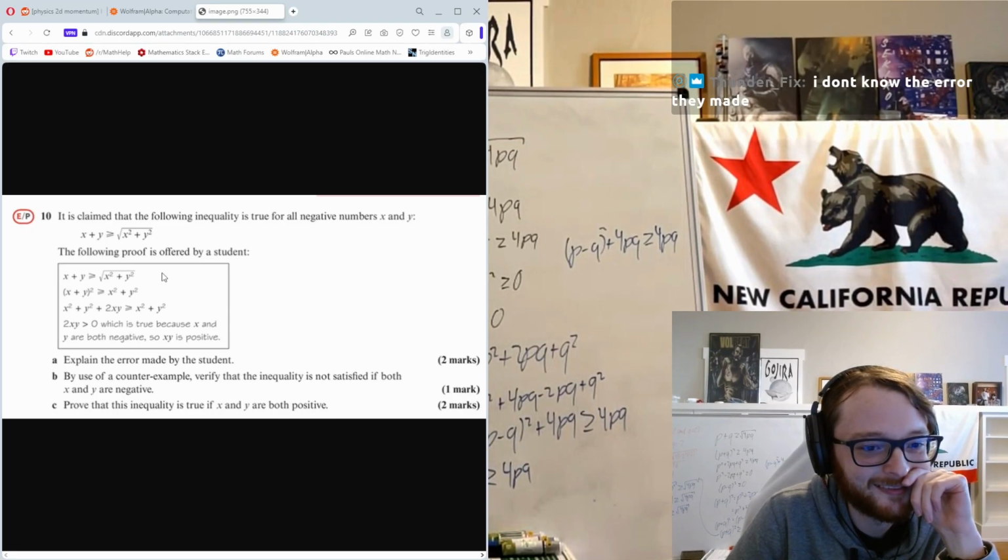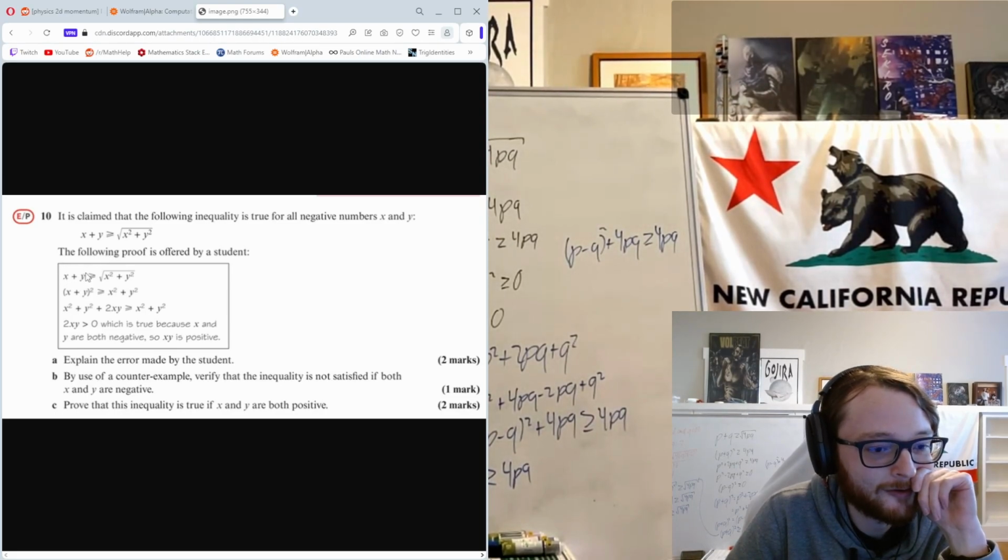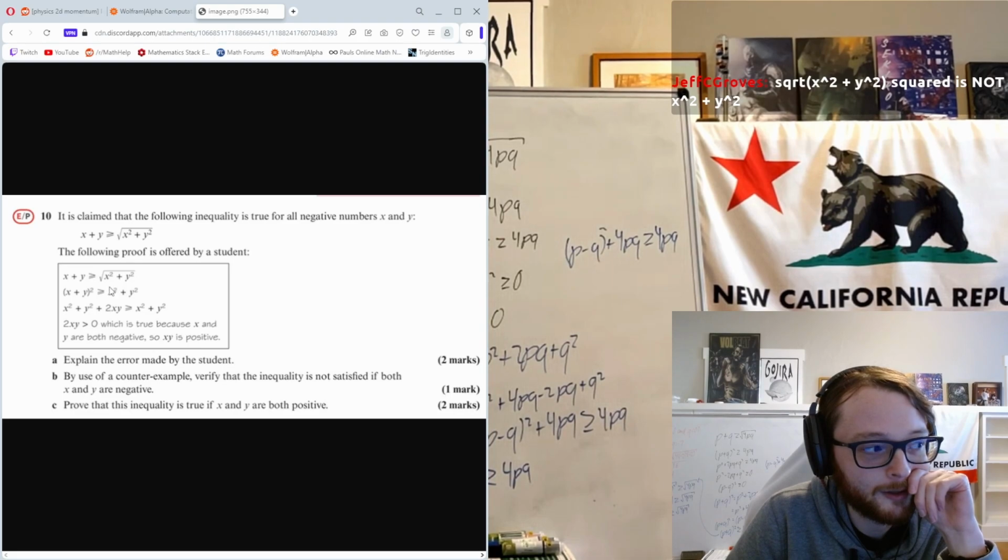So the question itself is just bad here, Thunder, because x plus y is a negative number, because x and y are both negative. But something square rooted is always positive, and a negative number can never possibly be greater than or equal to a positive number.